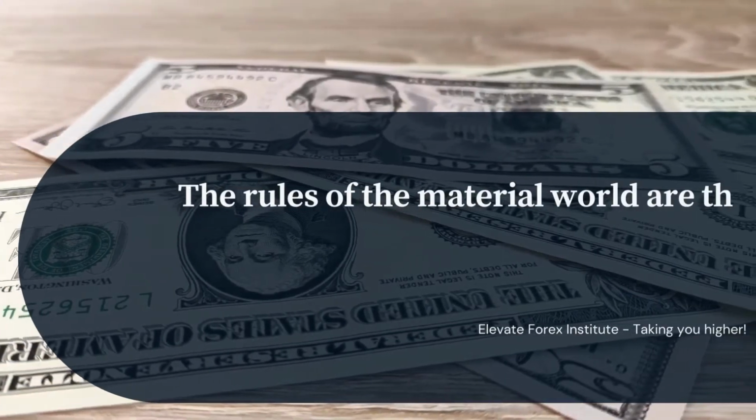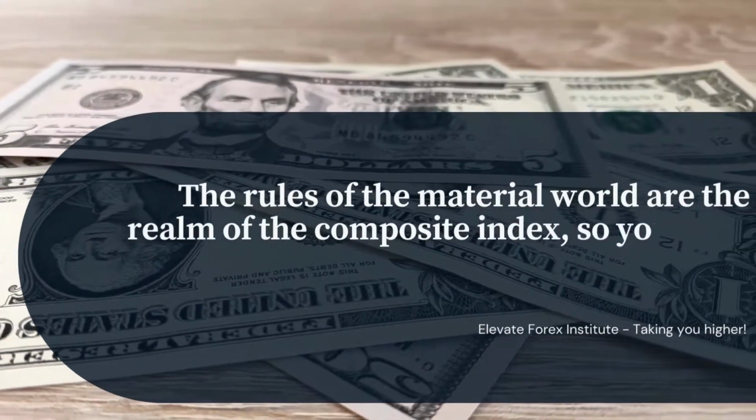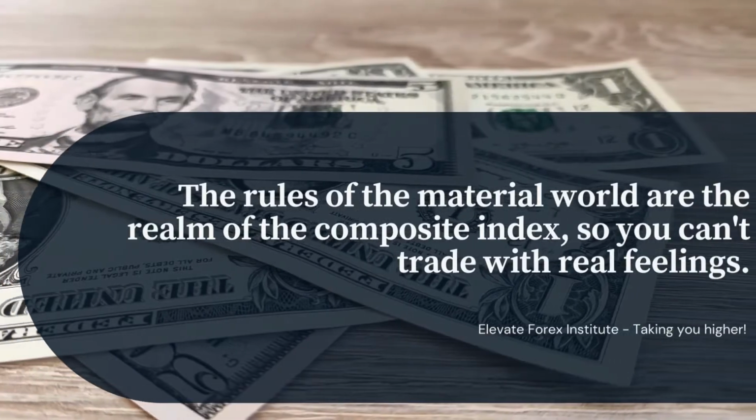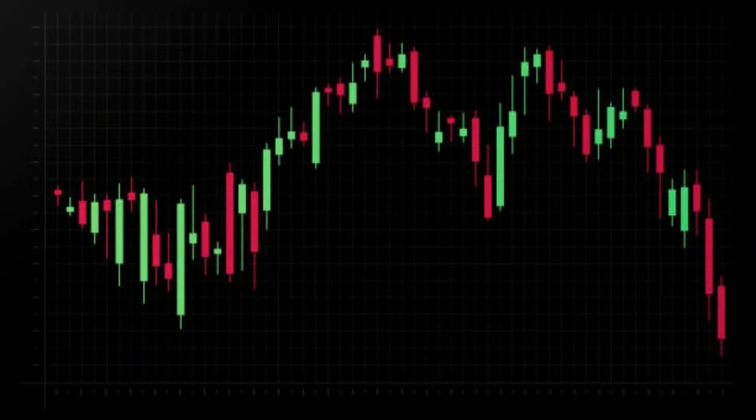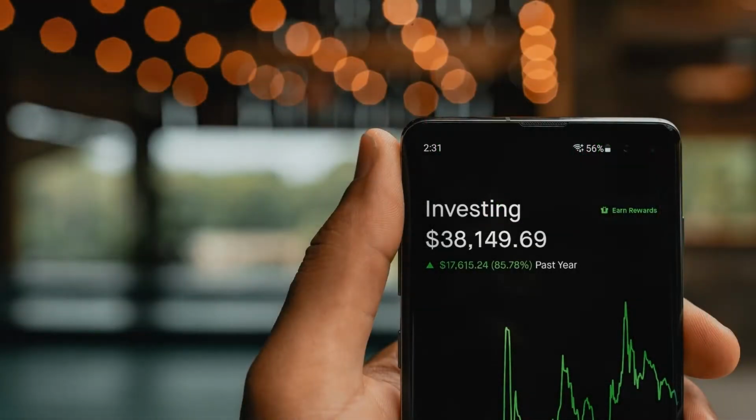The rules of the material world are the realm of the composite index, so you can't trade with real feelings. In addition to that, lagging indicators don't help you much because they try to predict where the market is going based on past price action, and things like price action never affect the composite index.